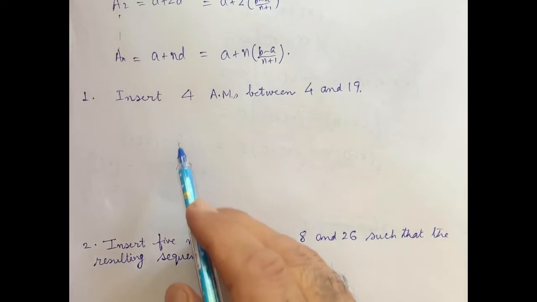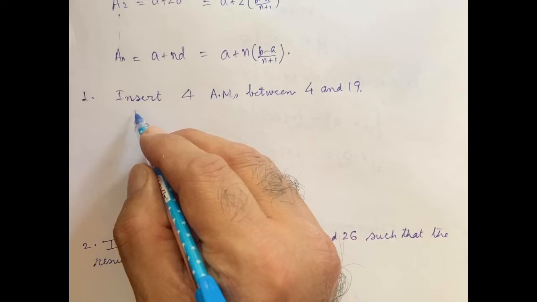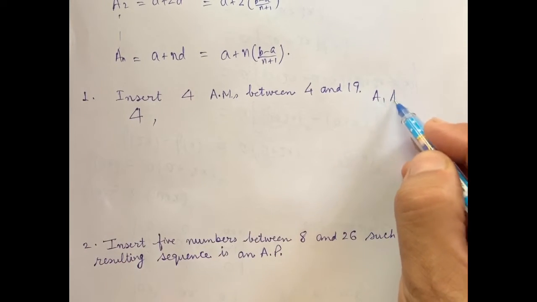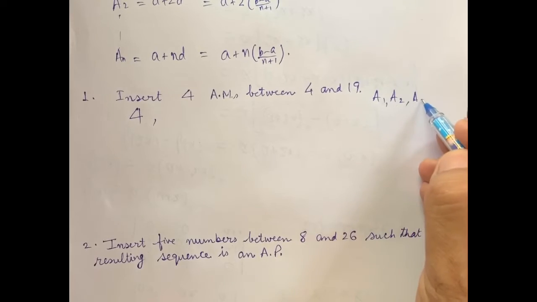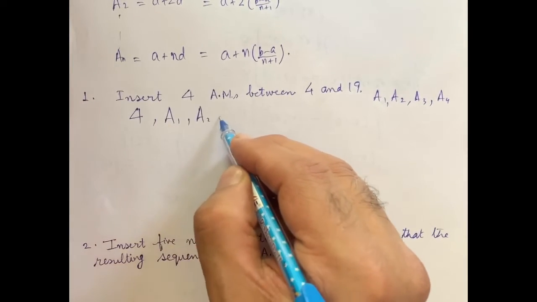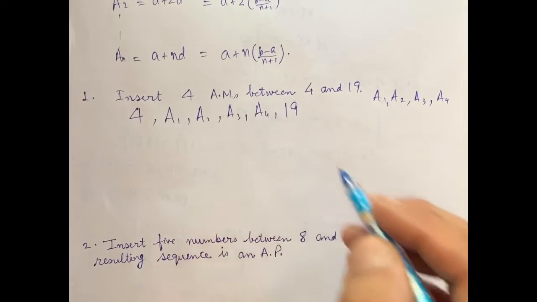First question, insert 4 arithmetic means between 4 and 19. So we have 4. Let's say the 4 arithmetic means are a1, a2, a3 and a4. So 4, a1, a2, a3, a4, then we have 19.